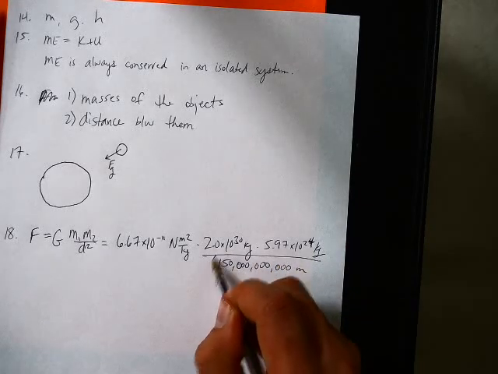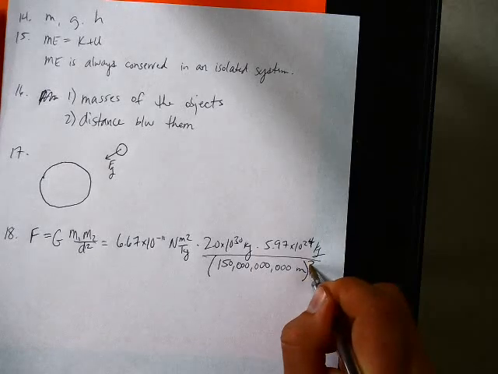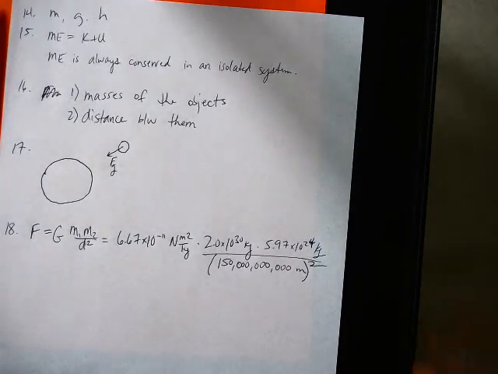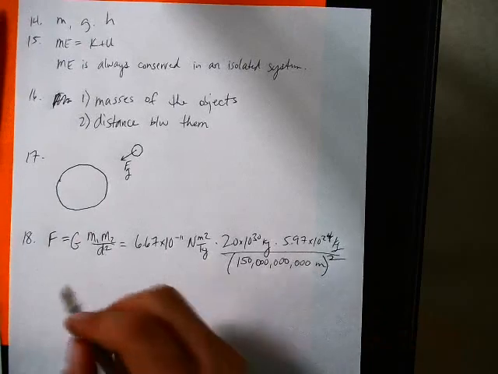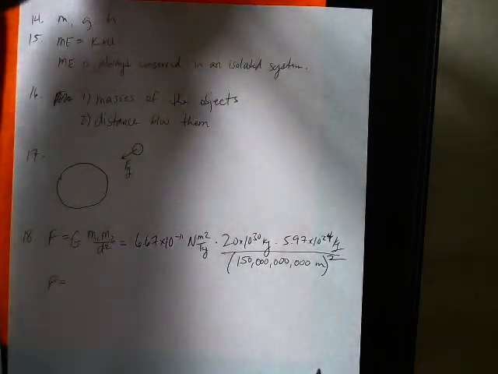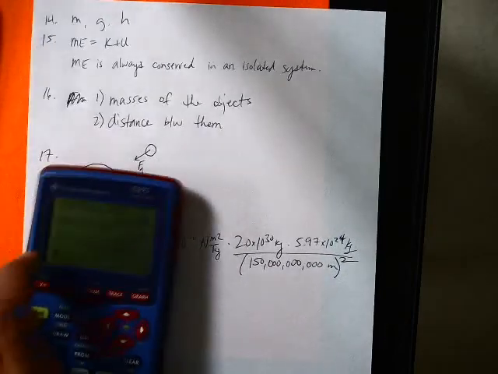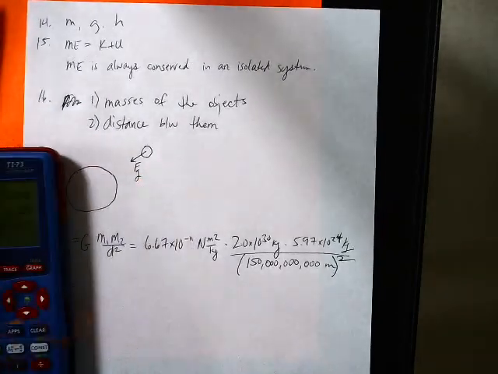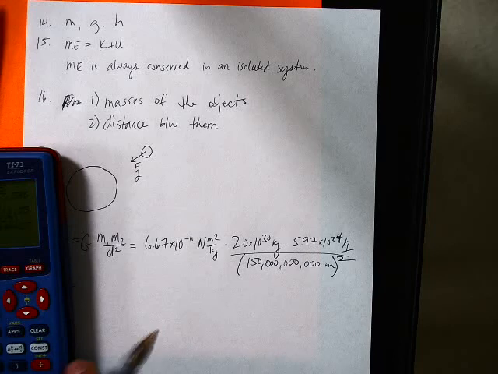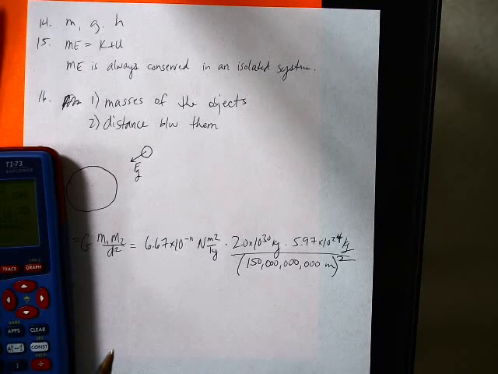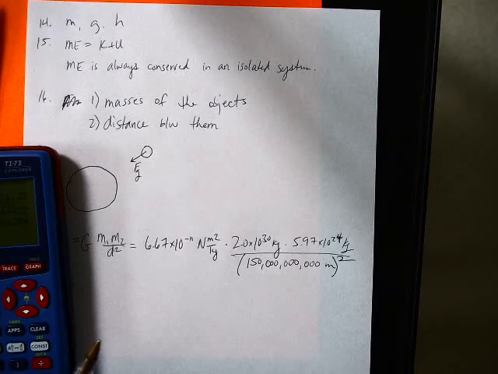And what most students forget to do, it's common, not most, but it's a common mistake, is to forget to square it. So don't forget to square it. And a lot of times students write it down squared, but then when they put it in their calculator, they forget to square it. So hopefully we can try not to do that. Times 5.97 e to the 24th, divided by 1.5 e to the 11th squared.